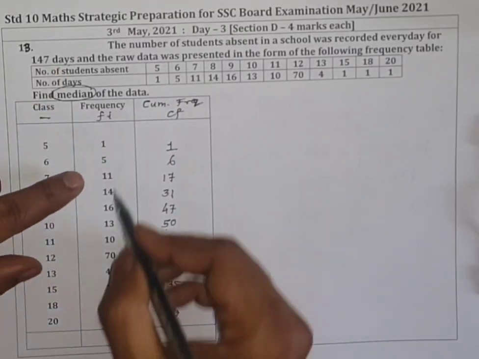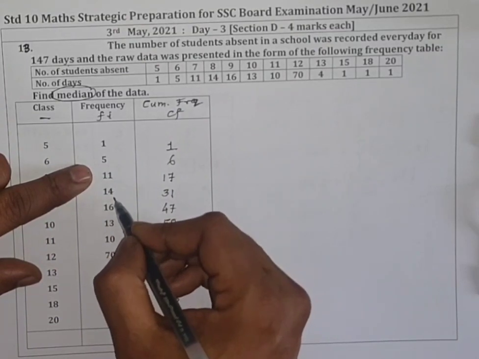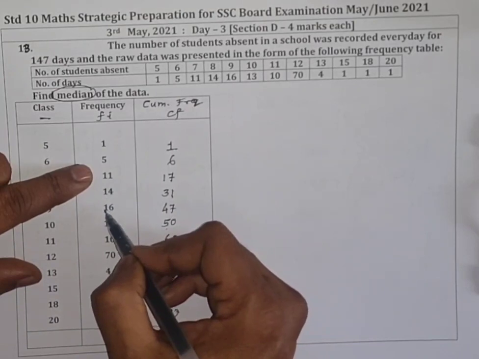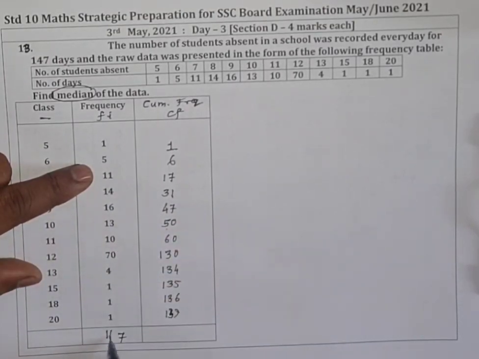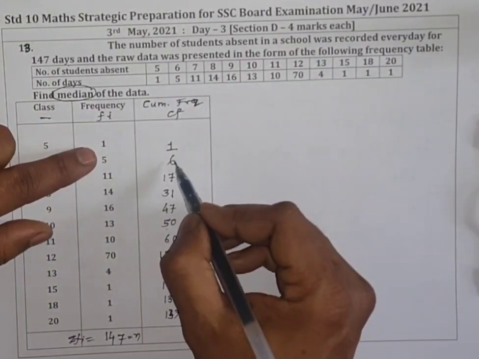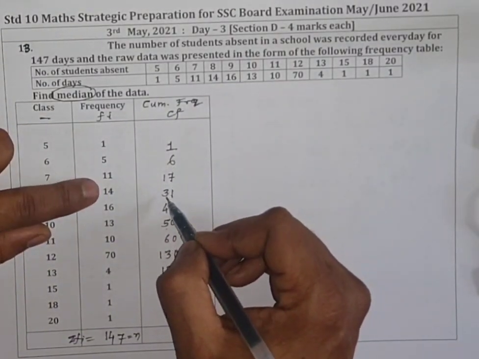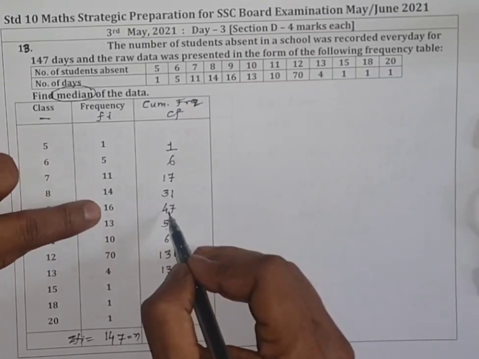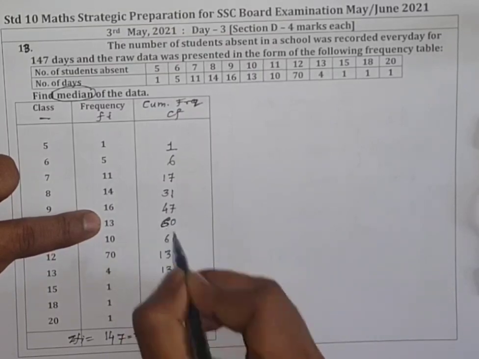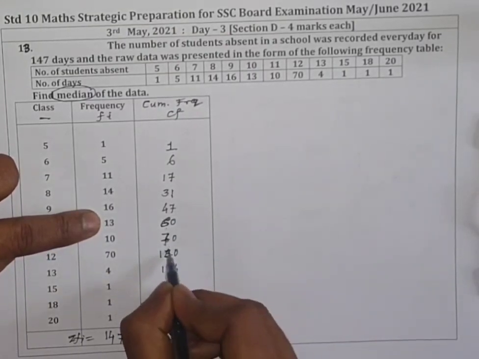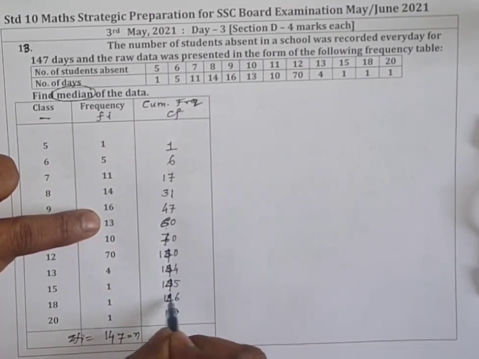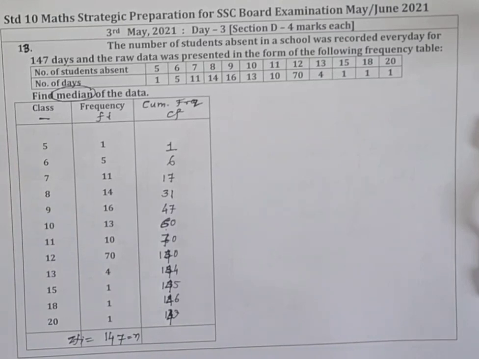Again 147 did not come. Let's see. Did you see? Somewhere I made a mistake, right? We will find that mistake now. 1 plus 5, 6, 6 and 11, 17, 17 and 14, 31, 31 and this 47, 47, 50, and this is 60. So this will be 70. This will be 140, 144. This is 145. This is 146. And this is 147.